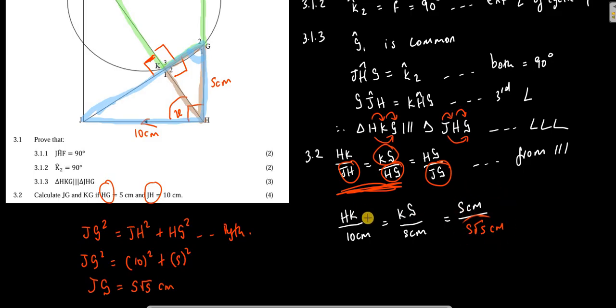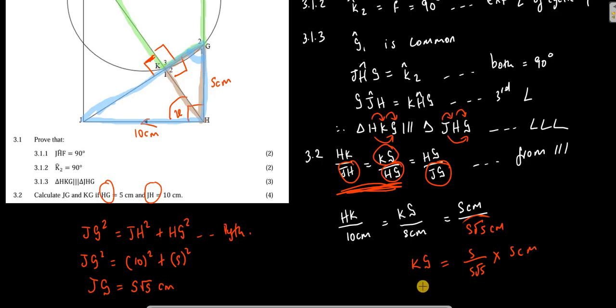So now that we have this one as full, we can actually use it to find KG. So we can simply say KG will be equal to 5 over 5 root 5 multiplied by 5 centimeters. We just multiply by 5 both sides.